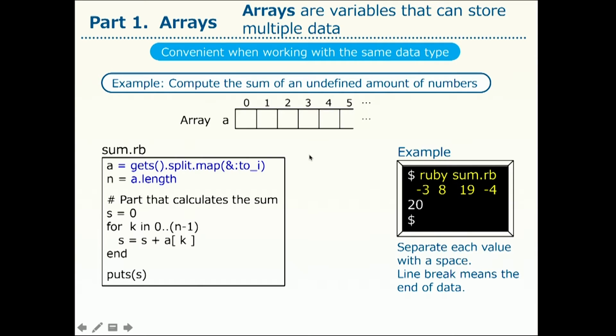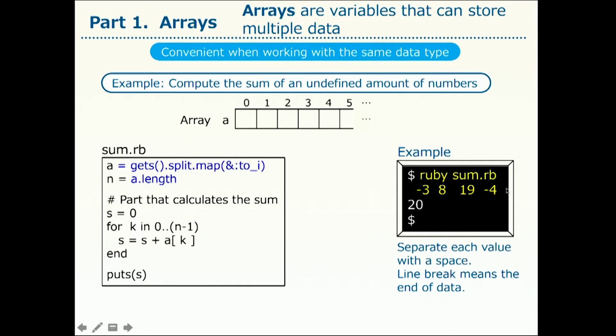On the terminal window, type ruby sum.rb to execute this program. Then the computer waits for inputs. Then we humans type a sequence of numbers, for example, -3, 8, 19, -4, and hit the return or the enter key.